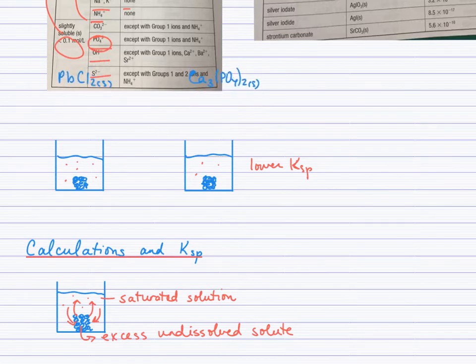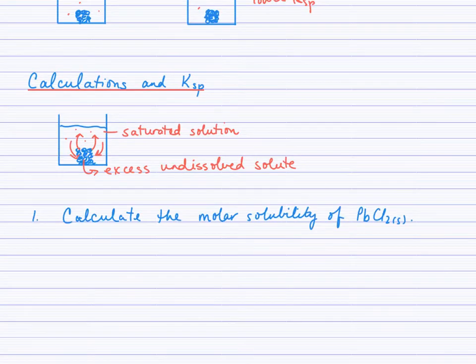Okay, moving on. So now we're moving into calculations involving solubility equilibriums. In example 1, I'm asking you to calculate the molar solubility of lead 2 chloride. Again, we're talking about a solubility equilibrium where we have a saturated solution of lead 2 chloride with excess undissolved solute.